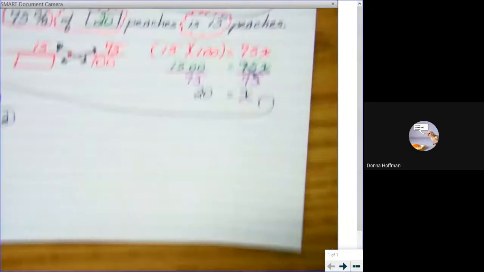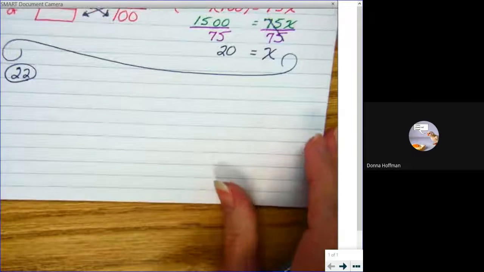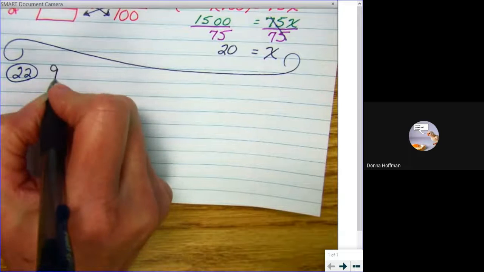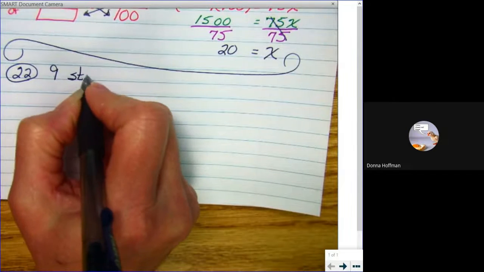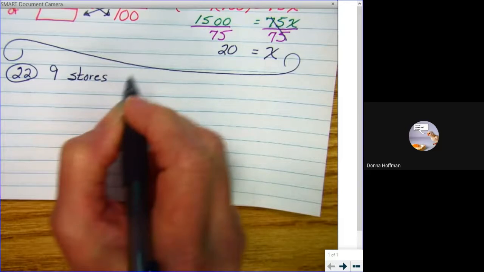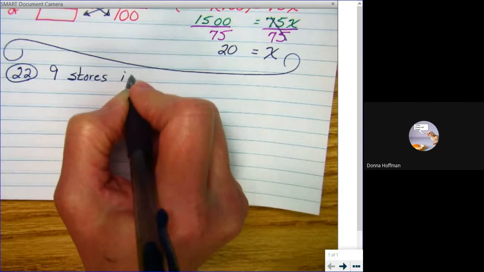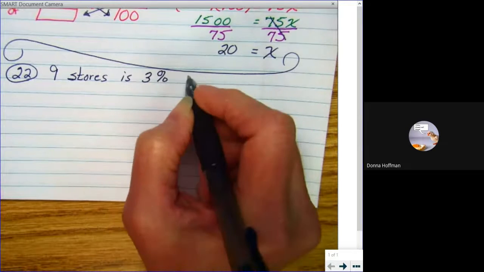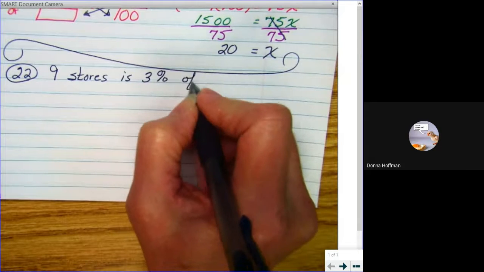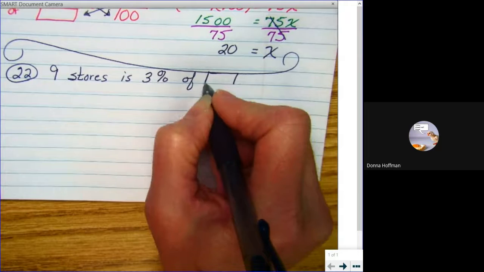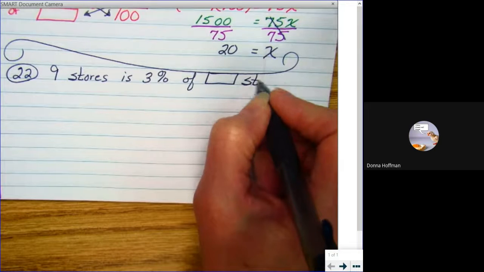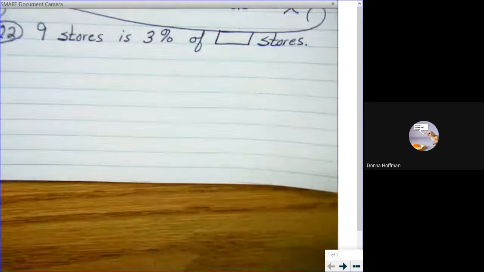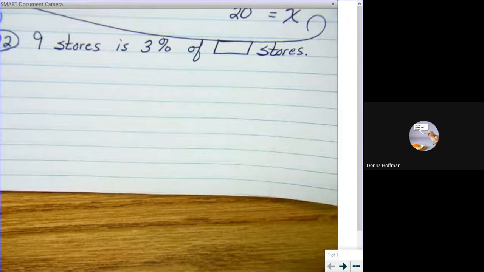22. Nine stores is 3% of, I don't know, stores.